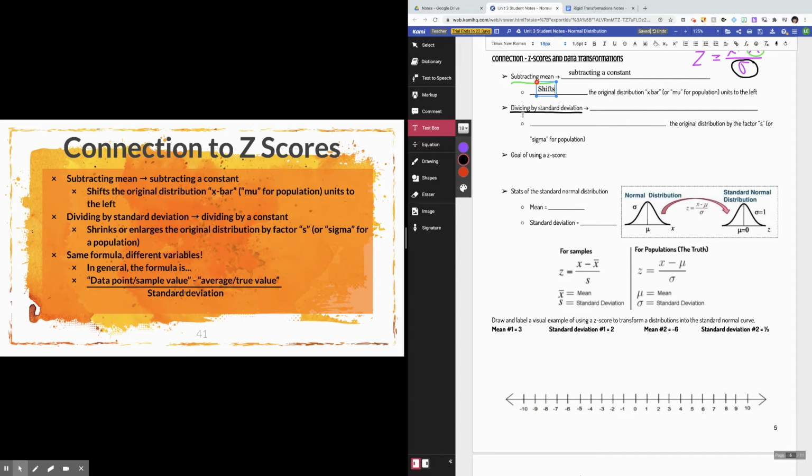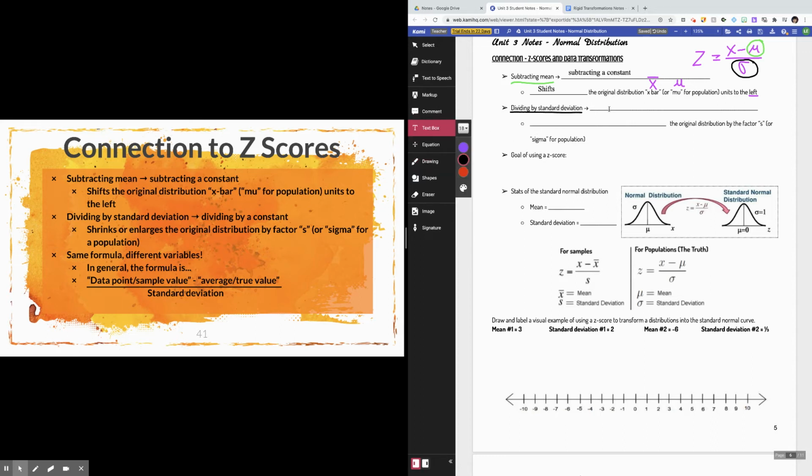And when I say x bar, X bar is this symbol right here, X literally with a bar over the top of it. That's your symbol for average. Or remember, I called it that kind of weird looking fancy U symbol, mu, in the last video. So you're essentially taking your original distribution and shifting it that many units to the left because you're subtracting.